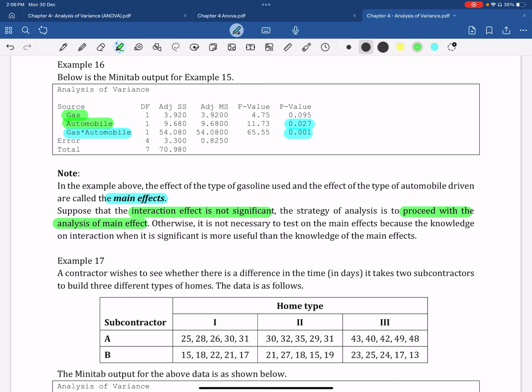So that's why when we do the two-way ANOVA, the thing that we actually want to study is the interaction between A and B. That is mostly our main objective when we do the two-way ANOVA.